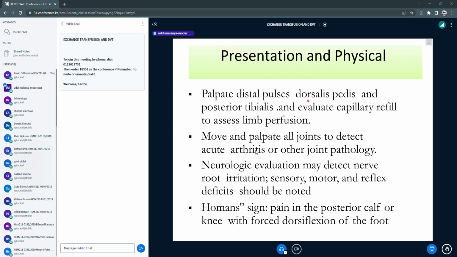Remember to palpate the distal pulses, that is dorsalis pedis and posterior tibial, and evaluate capillary refill to assess perfusion. Palpate all joints. Neurological examination is important to be able to detect any nerve root irritation or sensory, motor, and reflex deficits.